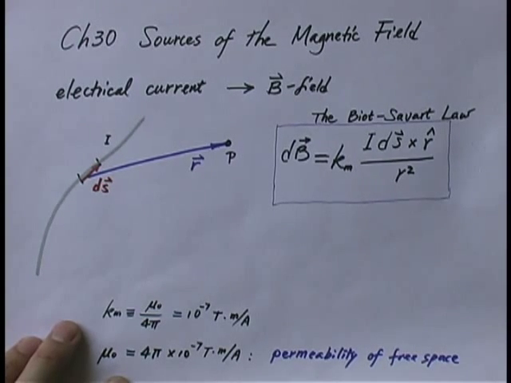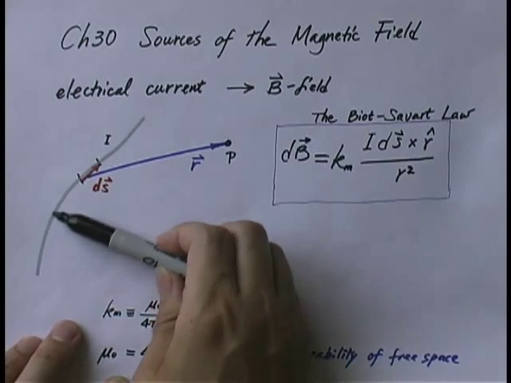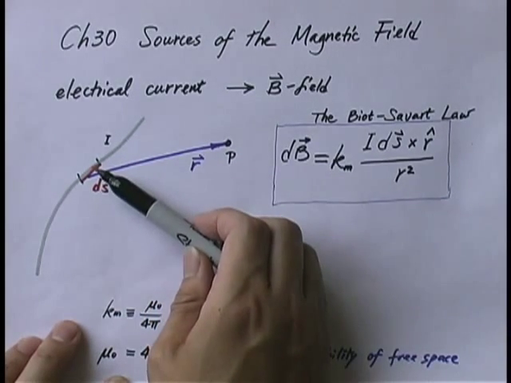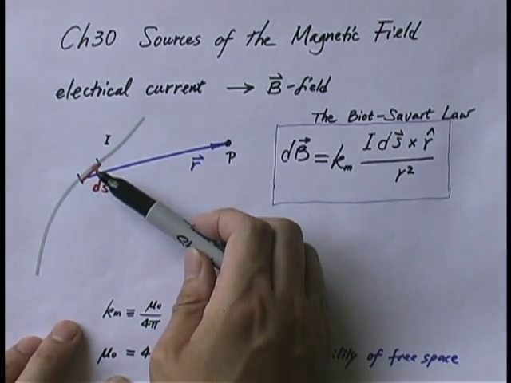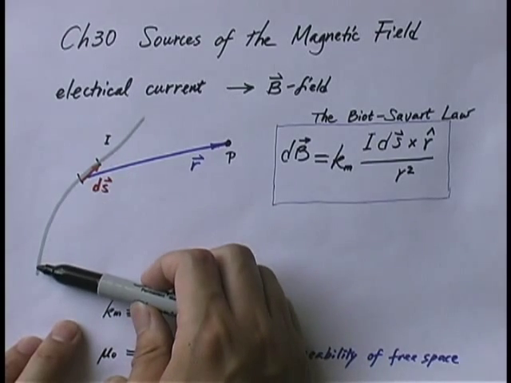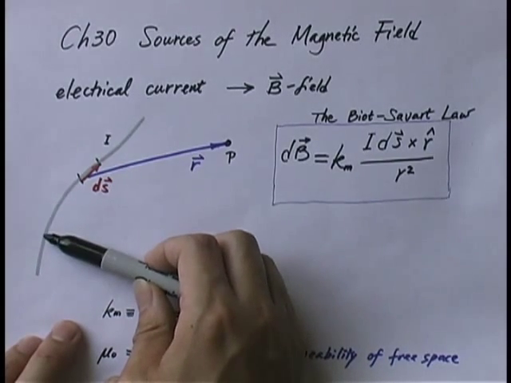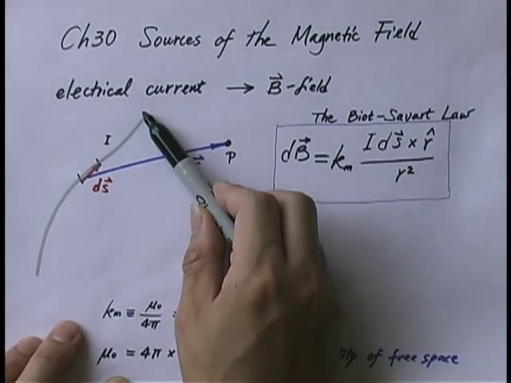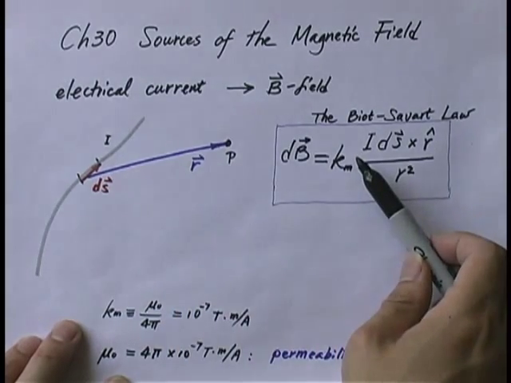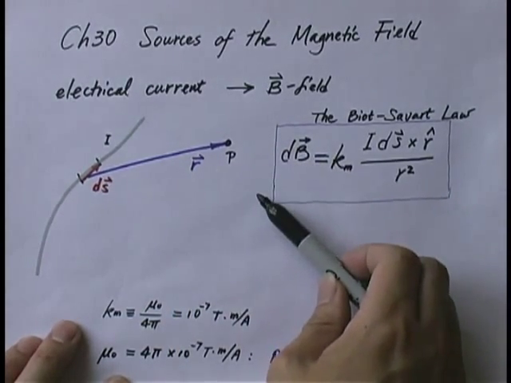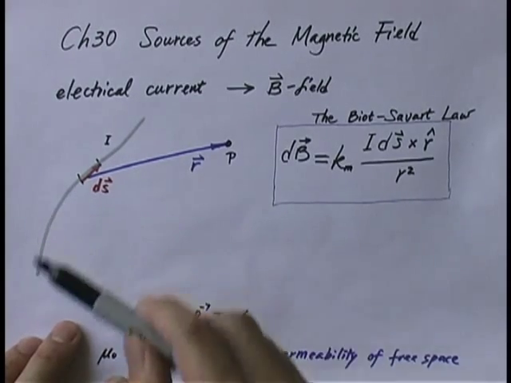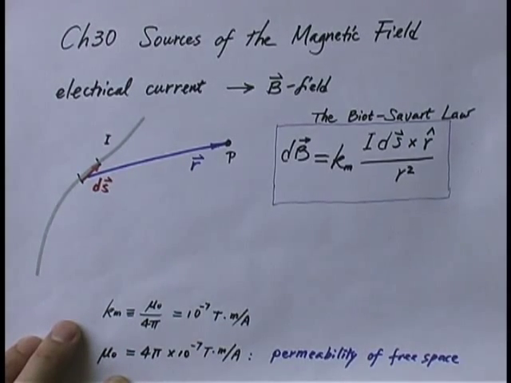It turns out the same superposition principle applies here in the case of the magnetic field, which means if you have a whole bunch of current elements, not just one, then the superposition principle says that you can calculate dB created by each element as if the other segments do not exist. And then all you have to do is to add them up linearly. Just dB1 plus dB2 plus dB3 and so on. You'll get the total magnetic field.